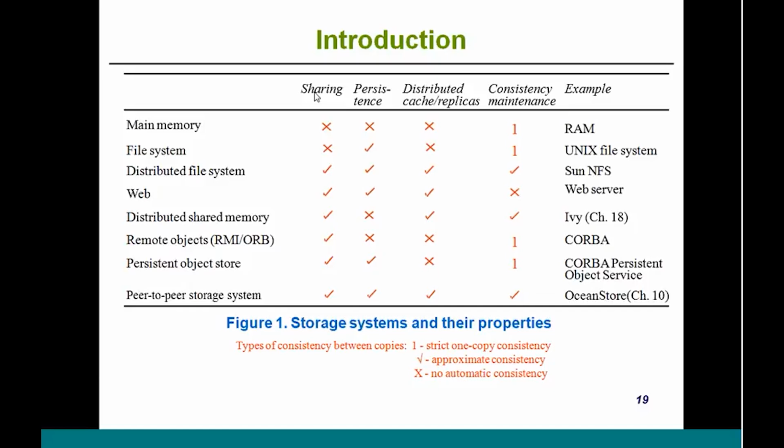Then there is a distributed cache or replicas. The cache is nothing but a buffer essentially. So if you want to serve a particular entity or a node like a CPU, then you need to provide it with the data whenever it needs it, not whenever the data is available.